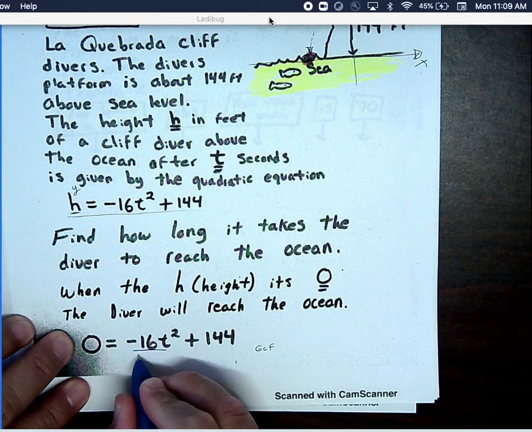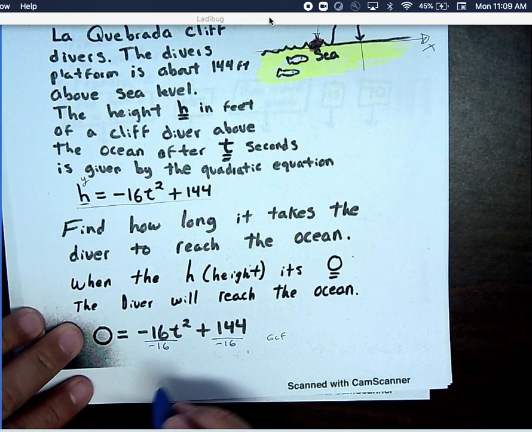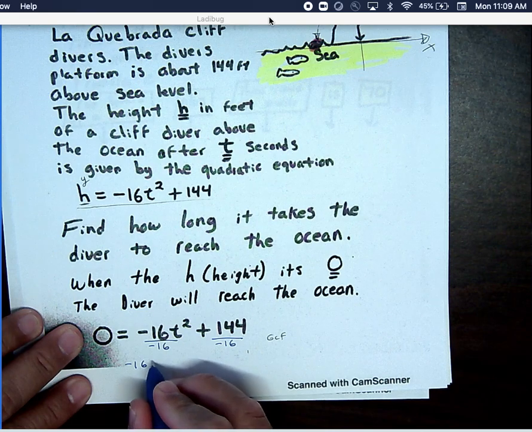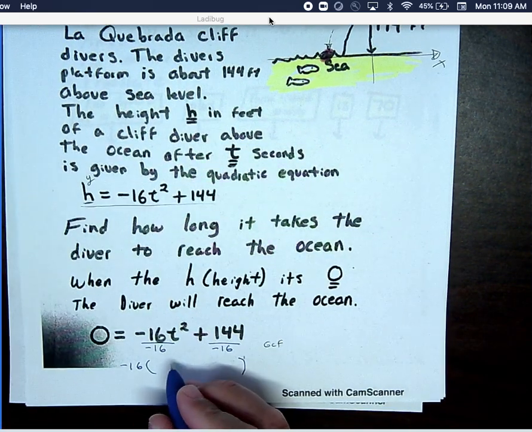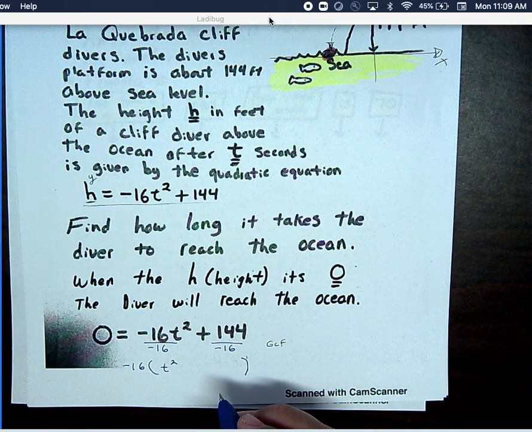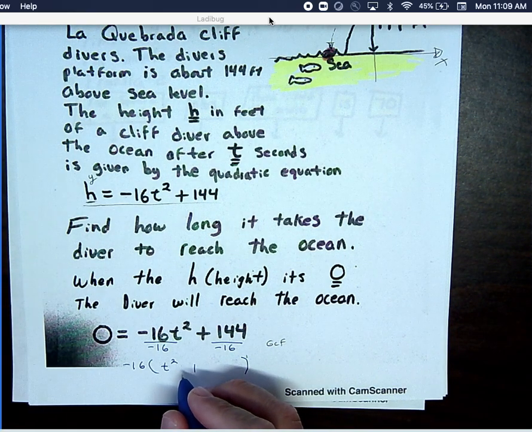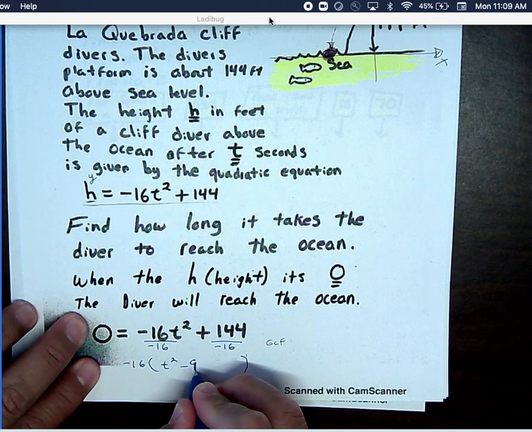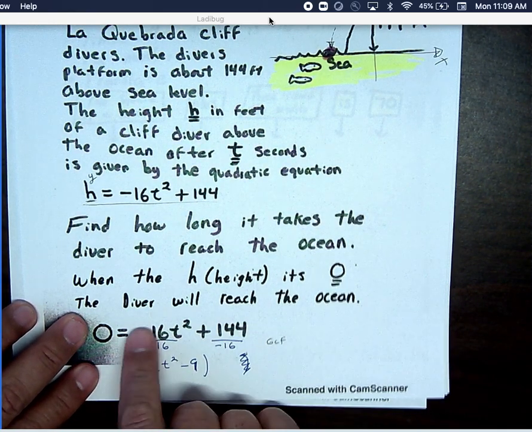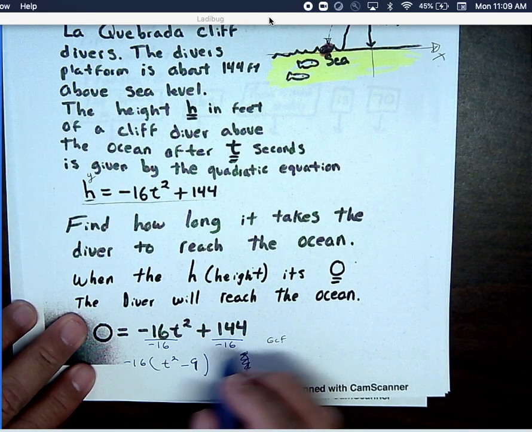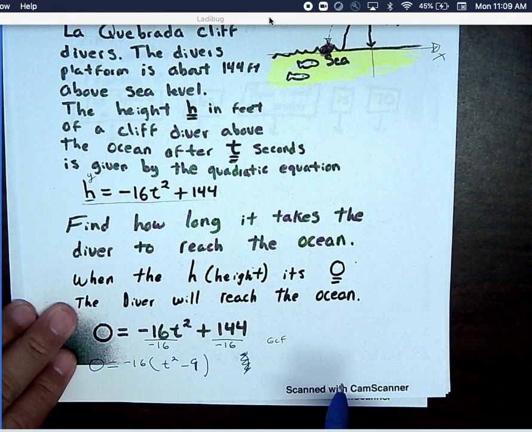So the GCF would be negative 16 here. So you get negative 16 parentheses, t squared minus 9. Ignore the earlier slip, so that would be the end result. Remember, it's equal to 0. I'm going to keep the 0 on this side so that I don't confuse you.